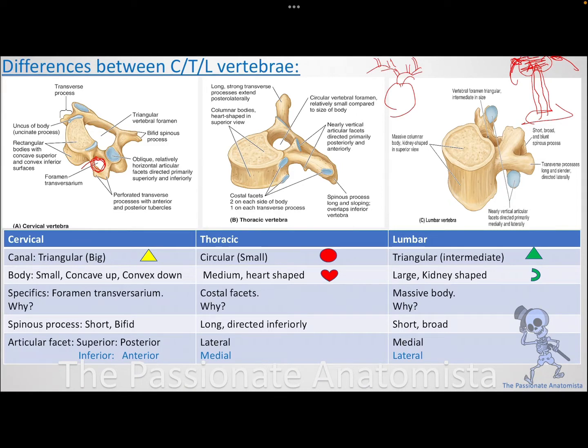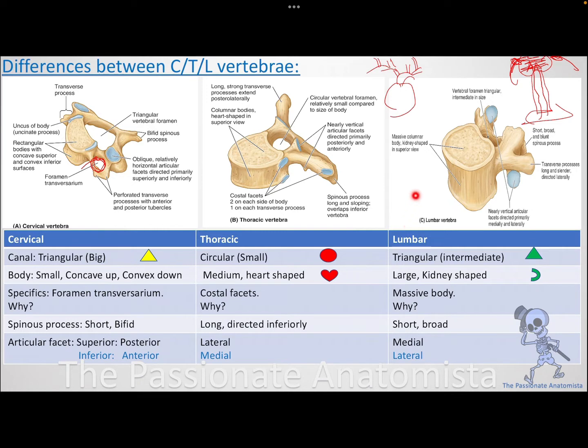I explained the thoracic vertebrae in so much detail, and how there is a difference between the typical and atypical ones. You can watch that video if you really need more information about the thoracic vertebrae, why we have these facets, and how they connect to the ribs.